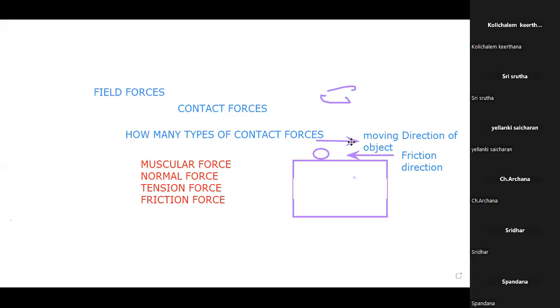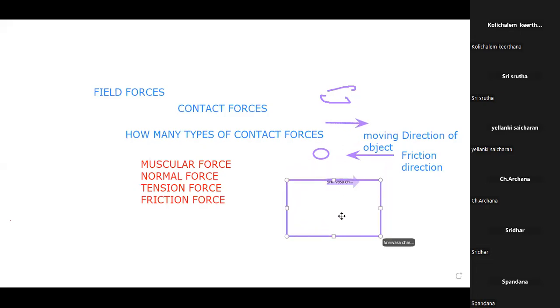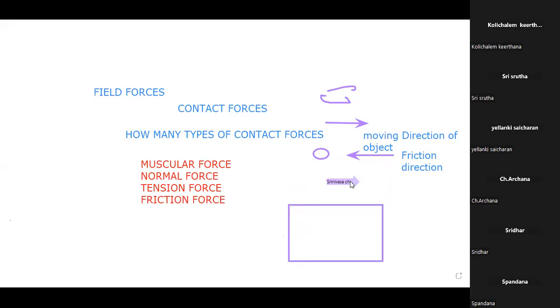And always, the ball moves in the direction of the applied force. One more thing, every student has to understand this. This is the most important thing.